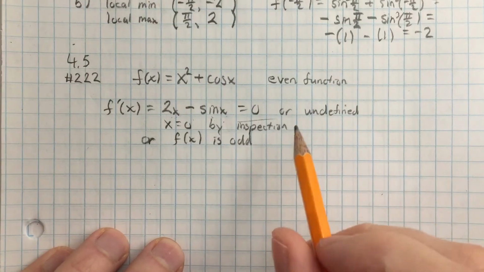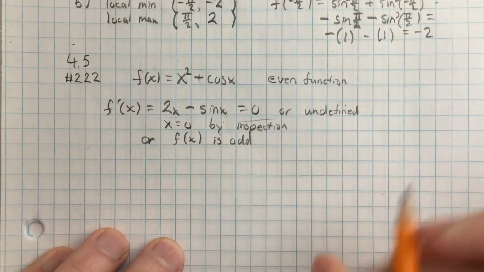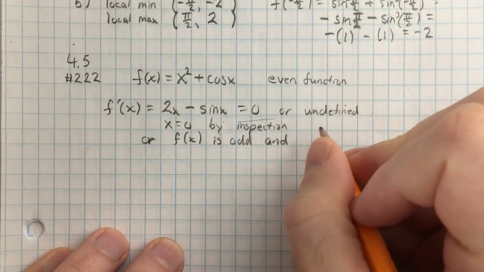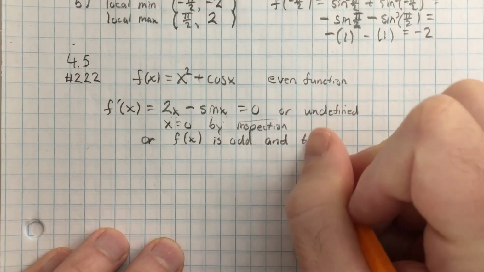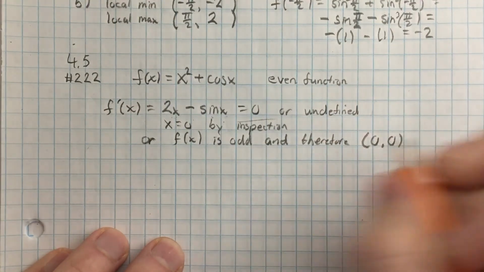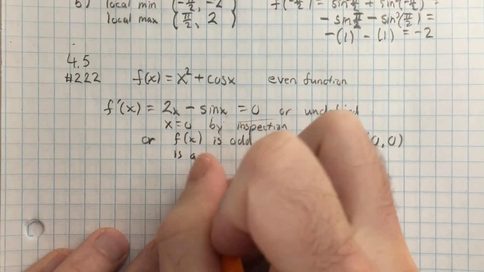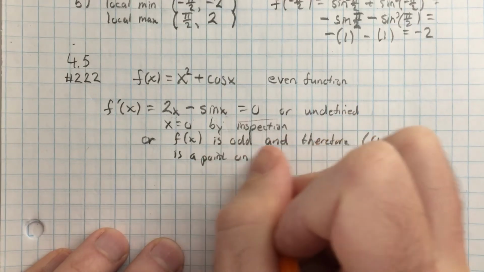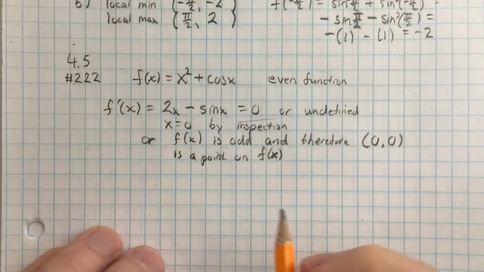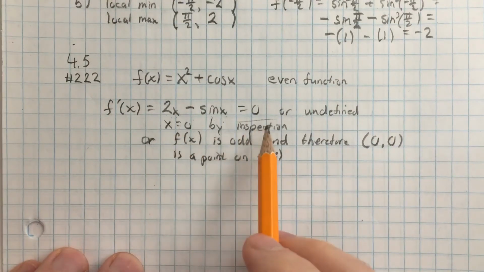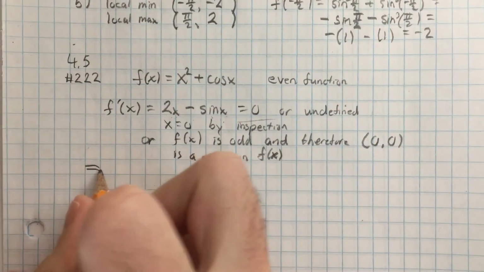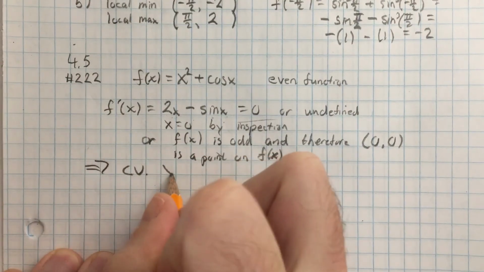As long as x equals 0 is in the domain of an odd function, it'll be forced to go through the origin there. Therefore 0, 0 is a point on f of x. That's another way to look at it. That's not as obvious. But anyway, so x equals 0 is our critical value. So either way, critical value of x equals 0.